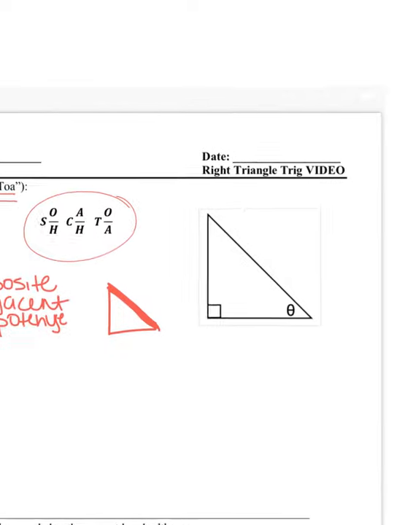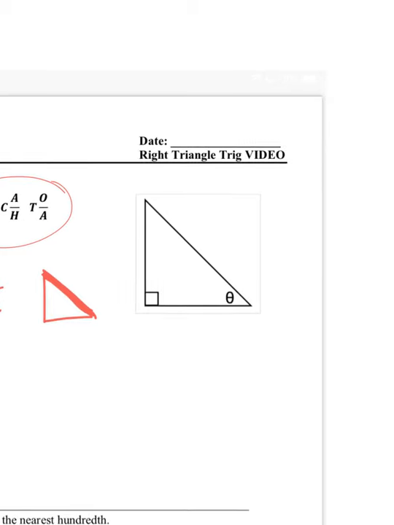So if we're looking at a right triangle over here, let's just talk about this symbol for a second. This symbol is called theta. Theta is a Greek letter. Nothing fancy. All that it really is, is a variable for a degree measure.